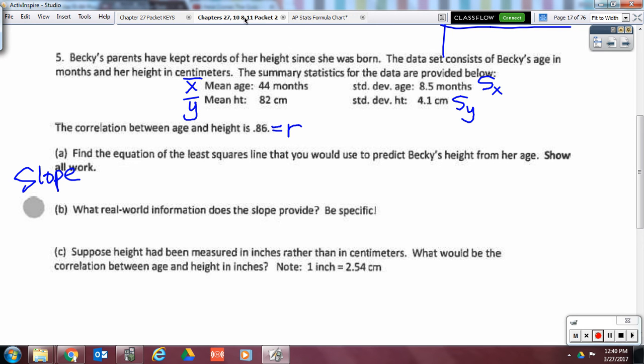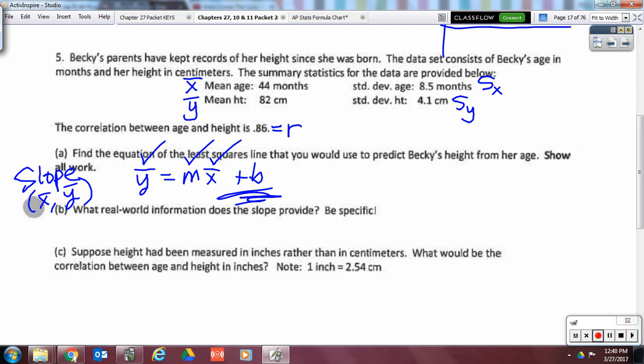So you will find that first. You have to find the slope, and then after you find the slope, you have to use a point that is on the line. What is a point on the line? X bar is the mean of X, and Y bar is the mean of Y. That mean point is a point that is on the line, so I'm going to use Y bar equals M times X bar plus B. I've got Y bar, I've just found my slope, I've got X bar, and what am I going to get from that?